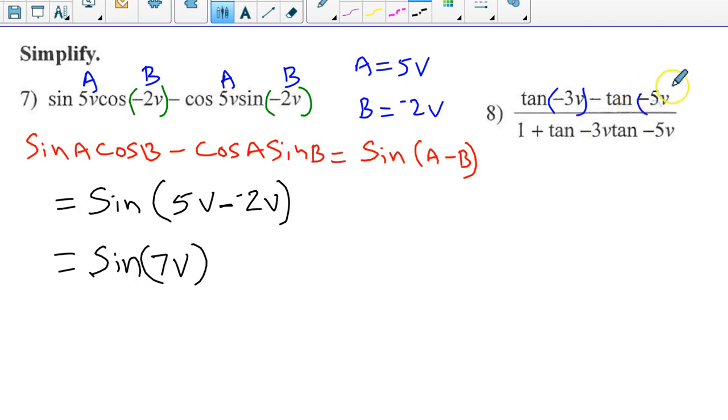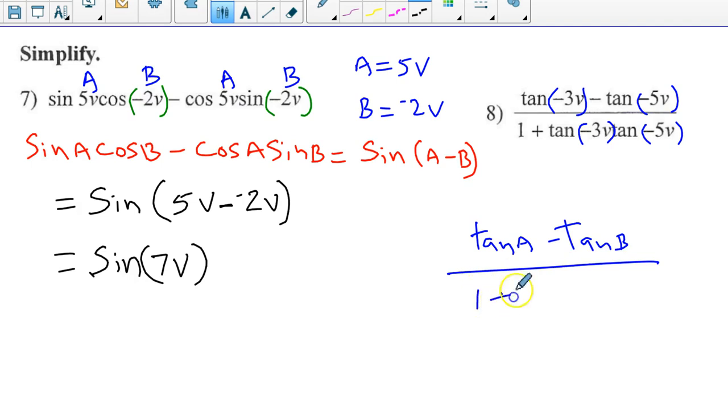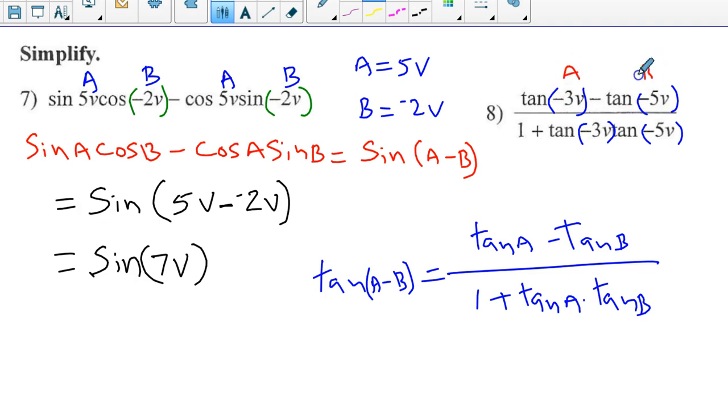Tan A minus tan B over 1 plus tan A tan B. It is like this, tan A minus tan B over 1 plus tan A times tan B. And you know that this is equal to, I'll write on this side, same thing like it is, tan A minus B. And you know that this is the A and that is B.